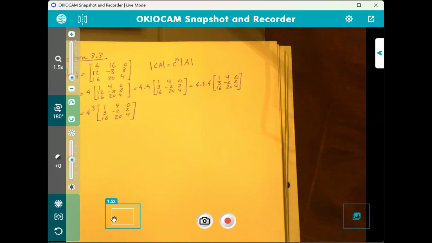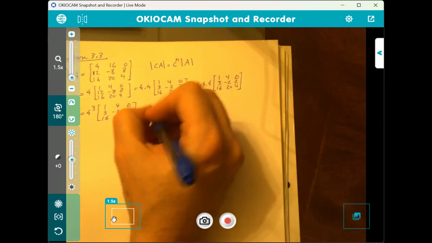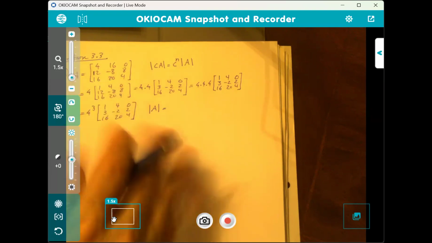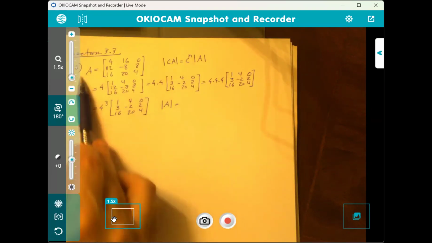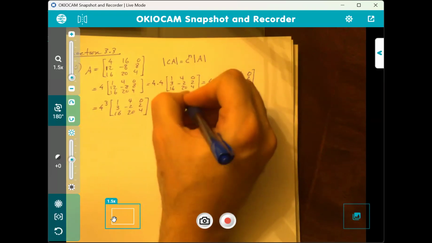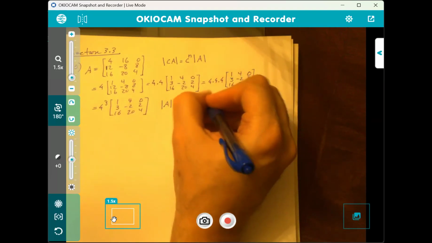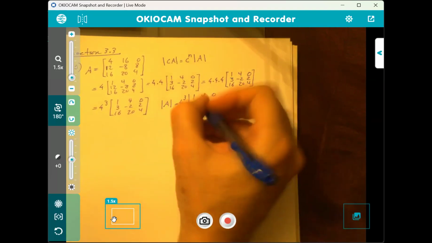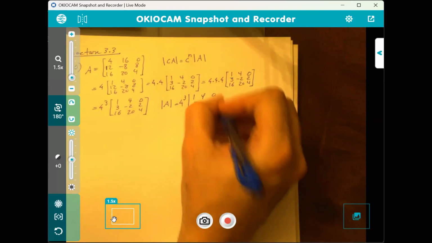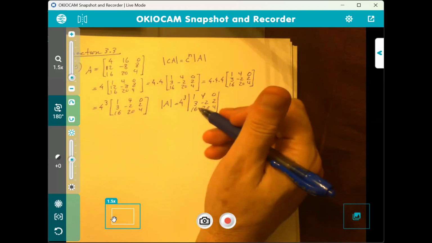Now, the determinant of matrix A, and A is the original matrix, is going to be 4 cubed times the determinant of the factored version, 1, 4, 0, 3, negative 2, 2, 16, 20. Perfect. So that's the determinant.